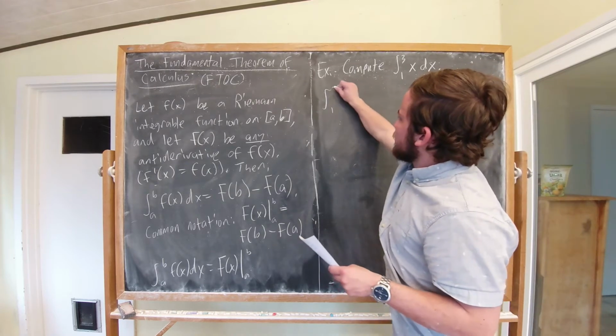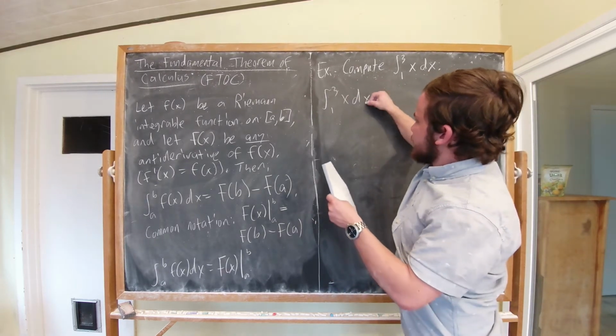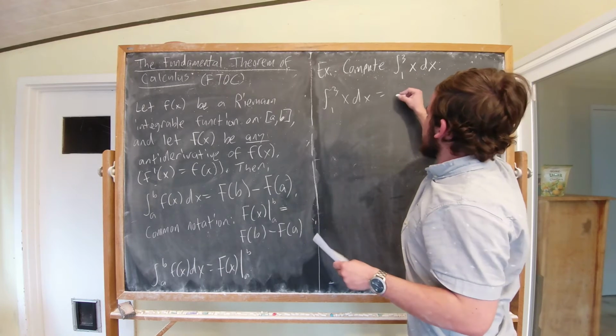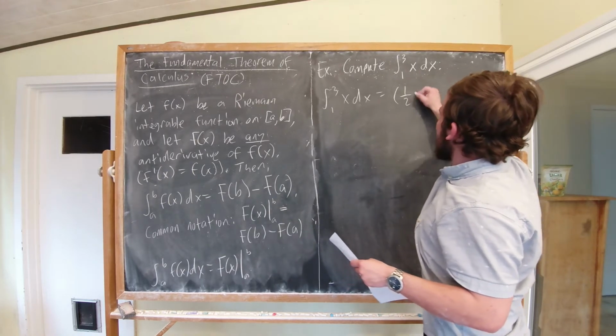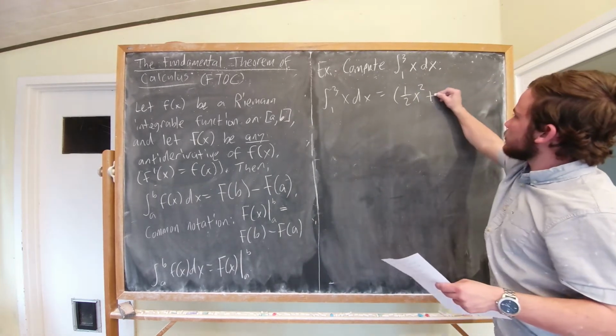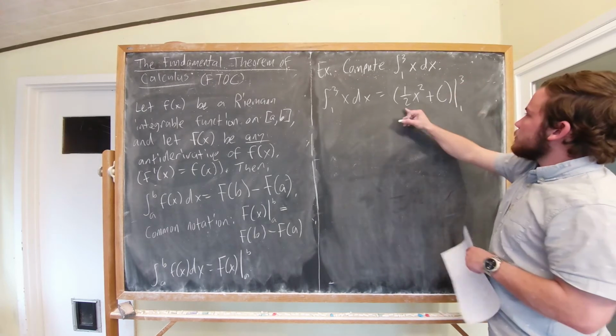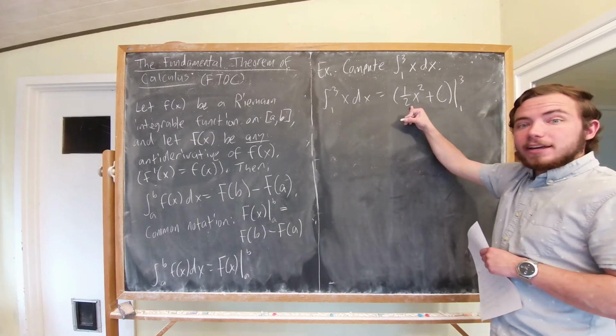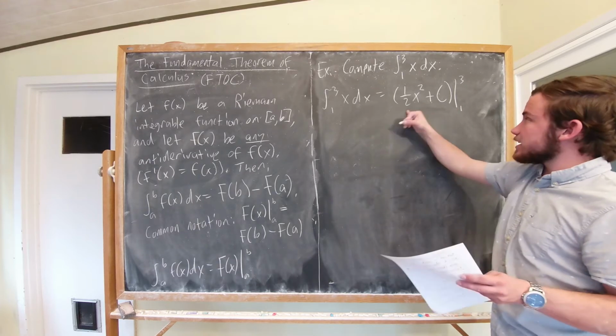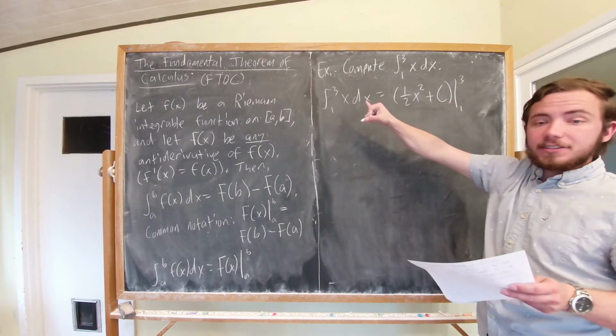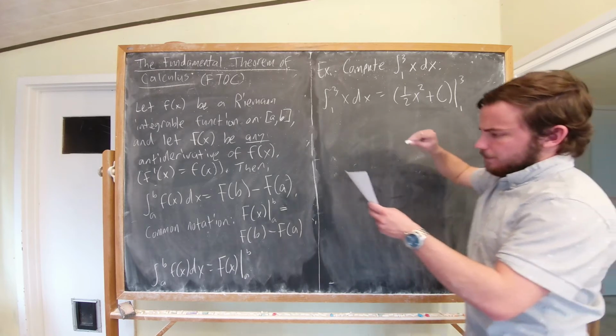Well, this integral, by the fundamental theorem of calculus, is equal to 1/2 x squared plus c from 1 to 3, because this is an antiderivative of x, and we evaluate from 1 to 3.